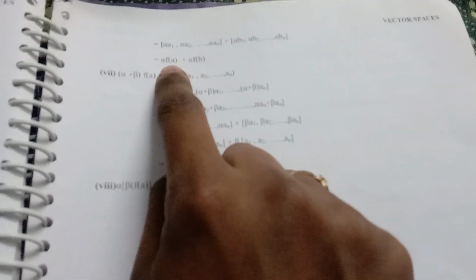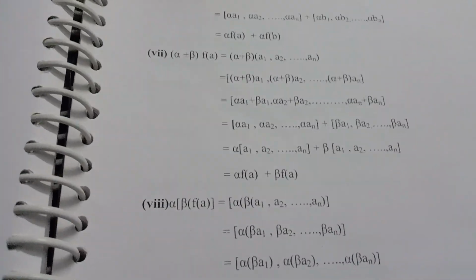If we add the terms, we get a1 plus b1. If we multiply by alpha, we get alpha a1 plus alpha b1. We can split these terms: taking alpha as common, alpha into a1, a2, and so on, written as alpha a1. For the next terms, taking alpha as common, we get b1, b2 to bn, so it is written as alpha into f of b.